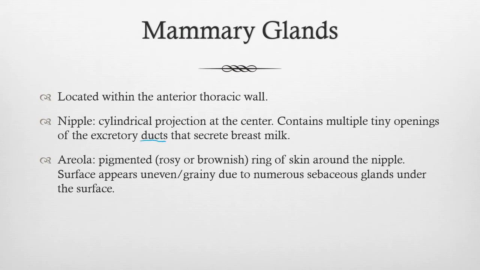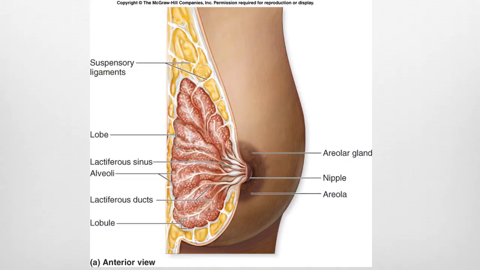So multiple small little openings that are there that feed back into each of the ducts of each of the mammary glands. They feed up on their own. Surrounding the nipple, you then have the areola. And so this is a pigmented, kind of a roughened type of skin surface that is there. Allows for better latching on during the suckling phase.